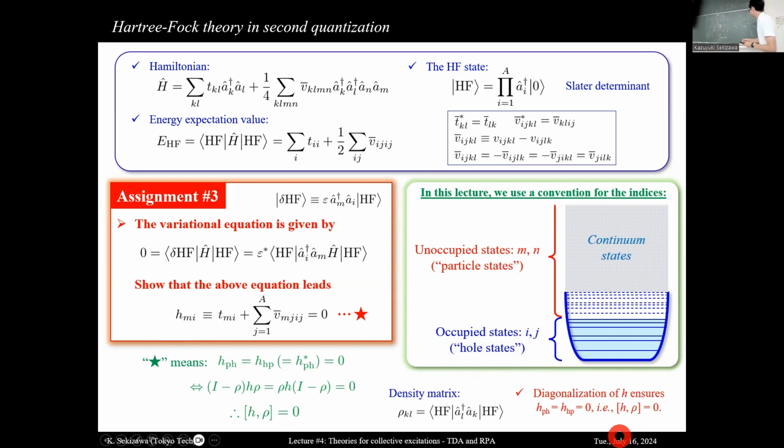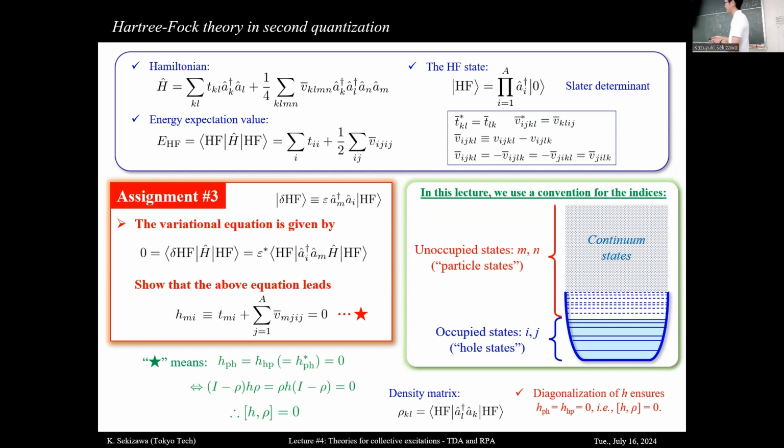Also, let me mention that if you diagonalize this Hamiltonian matrix, then the diagonal components are non-zero and the rest are 0. Then you automatically ensure that this Hartree-Fock condition is fulfilled.